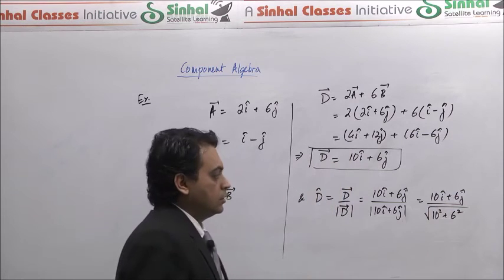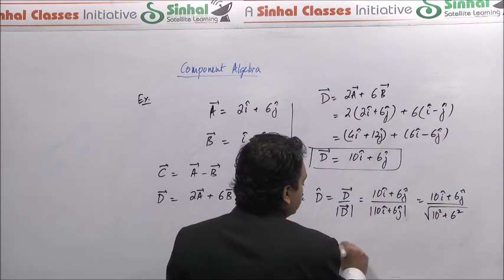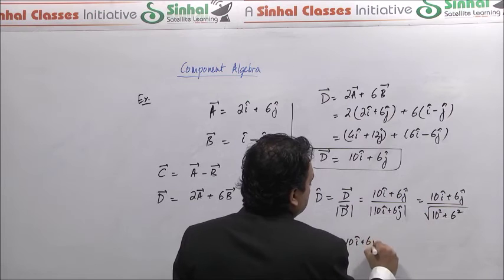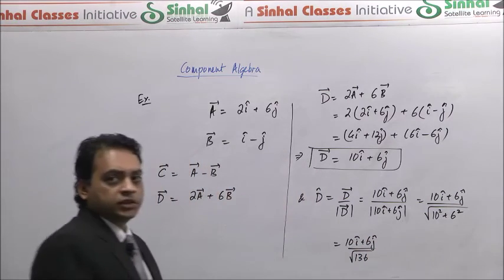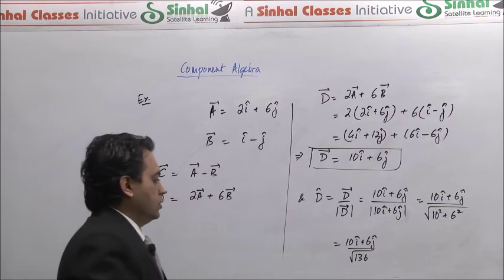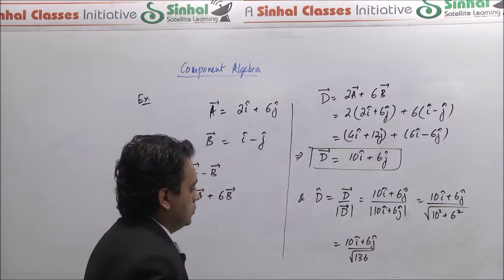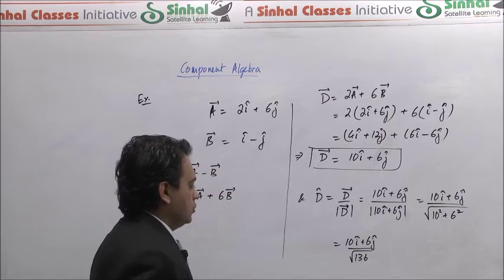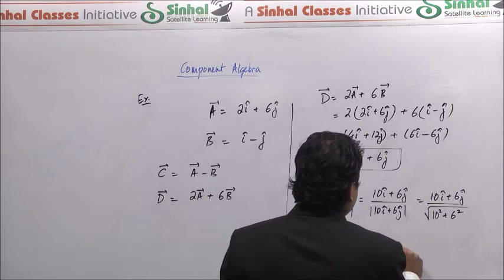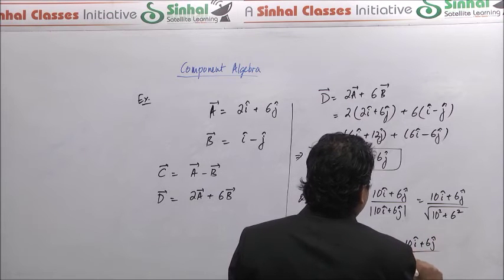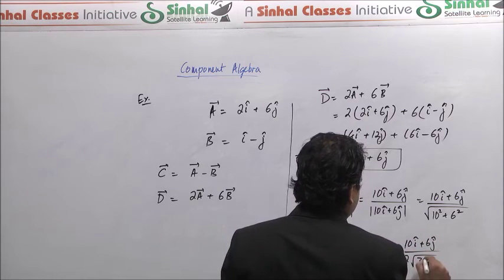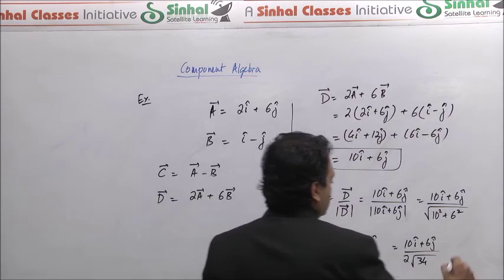Right. So that would reduce to 136. So we could simplify this a little further. 10i cap plus 6j cap divided by 2 times root 34.